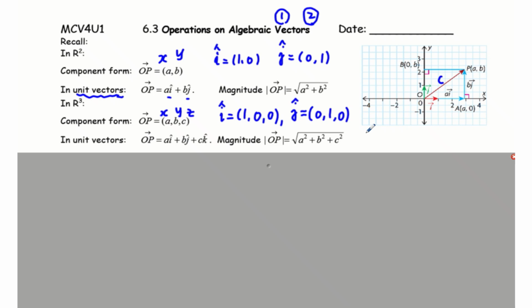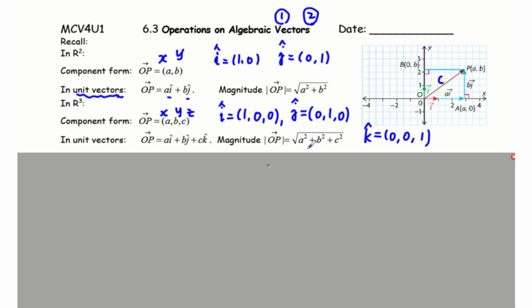And k is the z direction, so only the z direction is 1 and the other 2 directions are 0. We call them the standard unit vectors on the x, y, z axes.